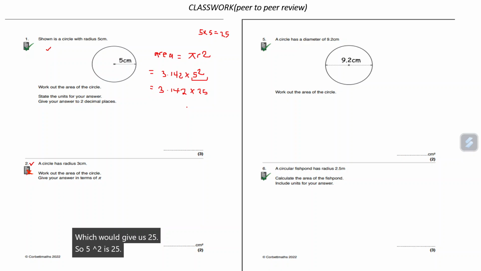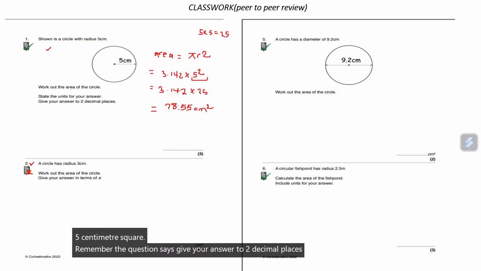We'll multiply straight. 3.142 times 25. Your answer becomes 78.55 centimeter square. Remember, the question says give your answer to two decimal places.